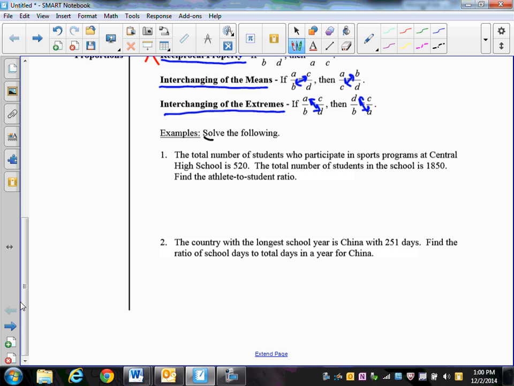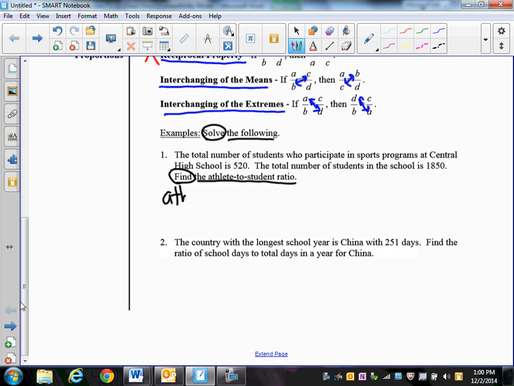So we're told to solve the following. The total number of students who participate in sports programs at Central High School is 520. The total number of students in the school is 1,850. Find the athlete to student ratio. I always like to write proportions as fractions.